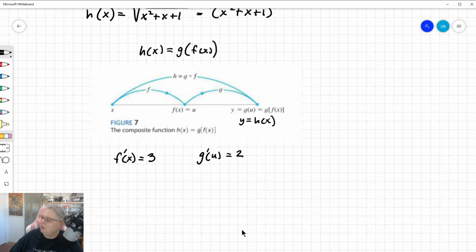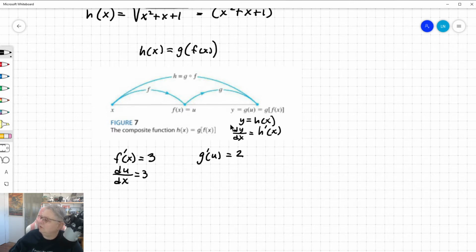Now, if I want the derivative of h, if I want h prime, then the notation I can use over here on the left would be dy/dx, which is h prime of x. So it would be helpful to have these written in the same notation. If f of x is u, then f prime of x is du/dx.